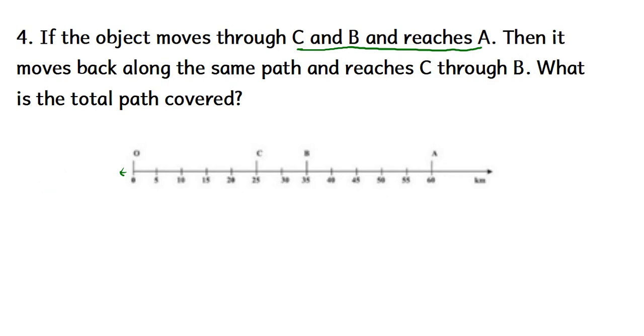So let me write O as the initial point, or the point where the journey started. From O, the object travels through C, then B, and then reaches the point A.